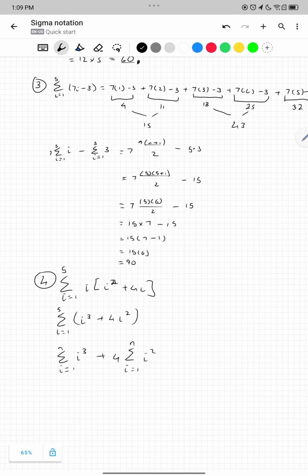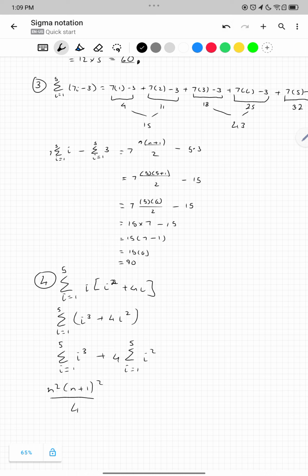Sorry, this is supposed to be a 5, then n is 5, and so we're going to have n squared, n plus 1 squared, over 4.